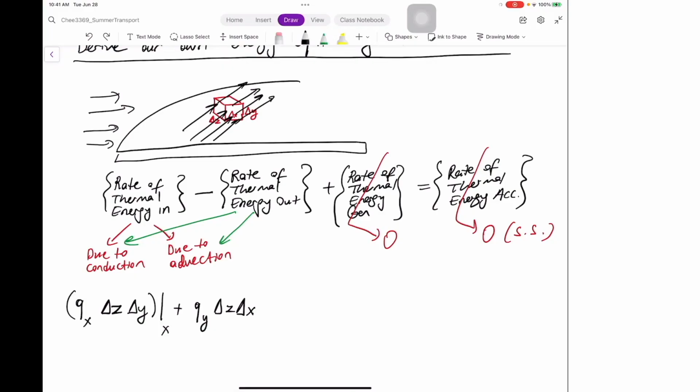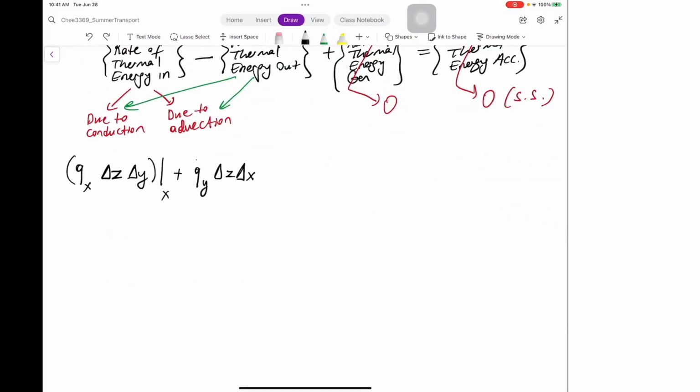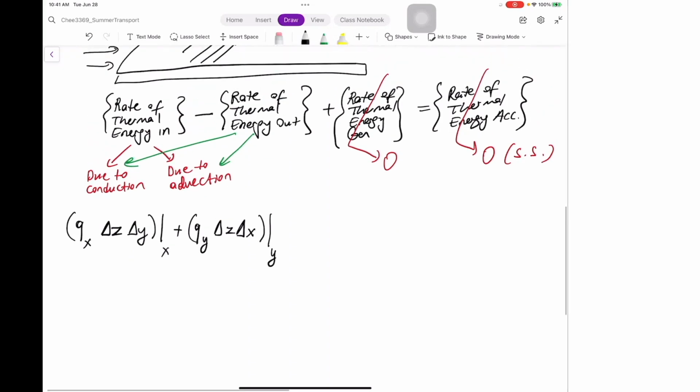It's penetrating into that area at y. That's the thermal energy in due to conduction along the x and y axis.